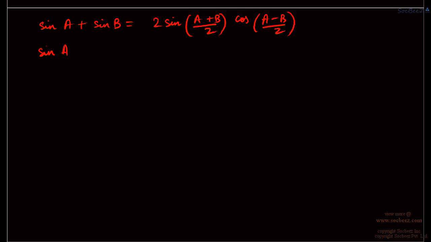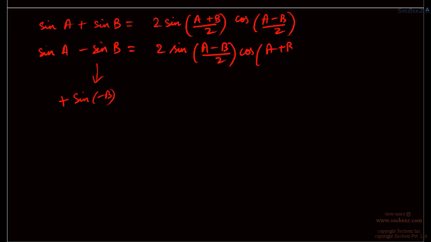Similarly, we have sin a minus sin b. Now again, this is simple. Sin a minus sin b can be written as sin a plus sin of minus b. So you replace b by minus b in the first equation, and you get 2 sin of a minus b by 2 cos of a plus b by 2.